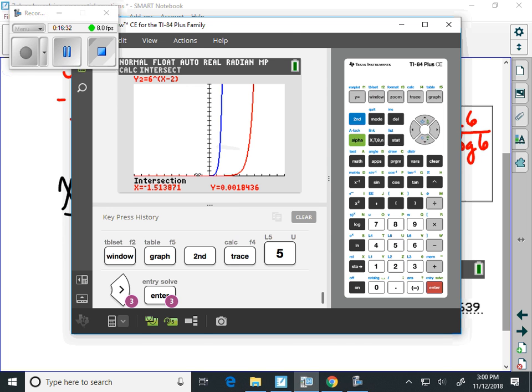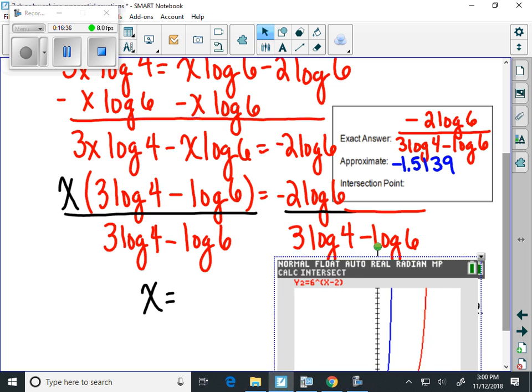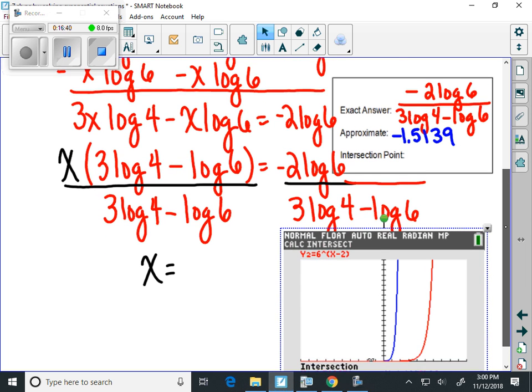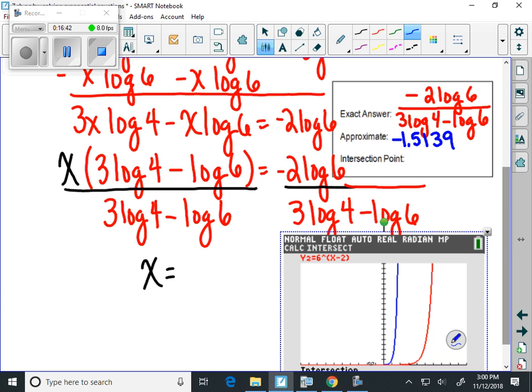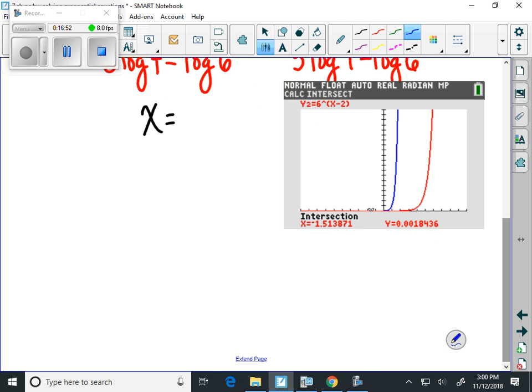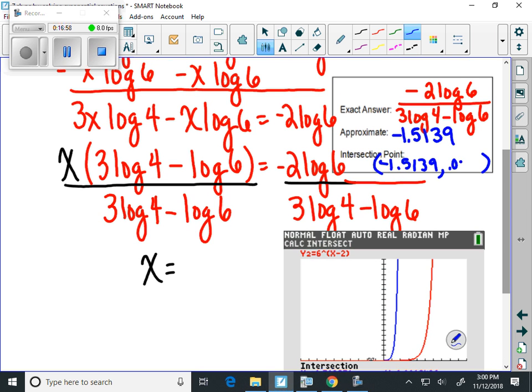But here is the screen to allow us to fill in what our point is, which is different. We know what the x value is. It's that -1.5139. But then what we see here, if we go to the 10,000ths, is it's 0.00184. So we're going to make it 0.0018.